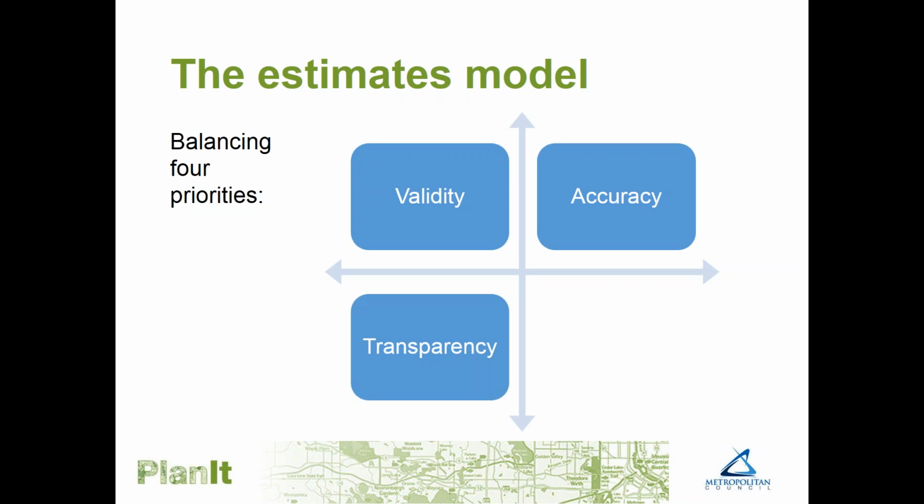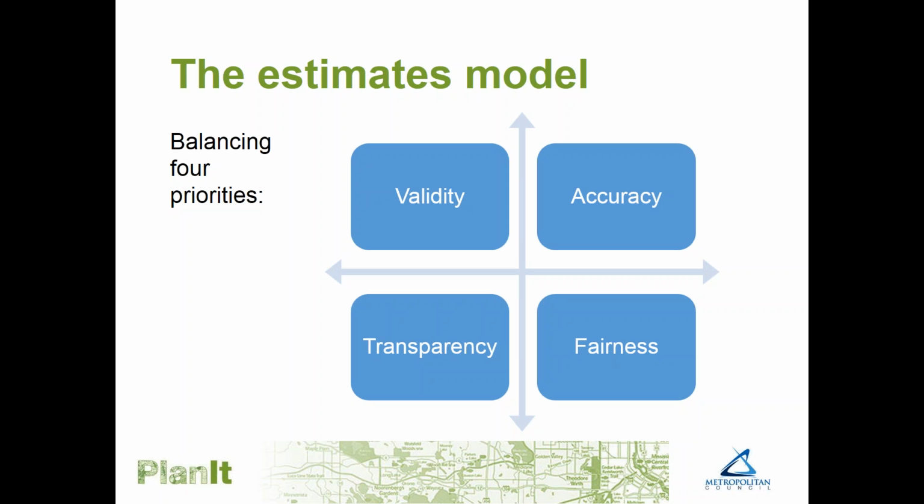The third is transparency. We want communities to be able to understand how their estimates are created and to understand the main levers that cause their estimate to increase or decrease. And finally, there's fairness. Because these estimates do have some consequences for communities, we want to make sure that the playing field is level for everyone.